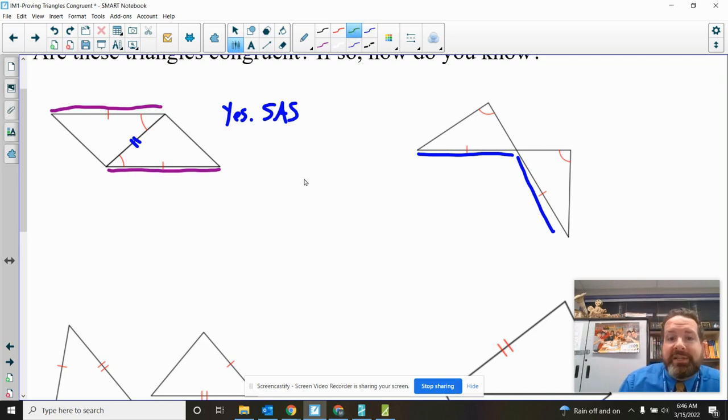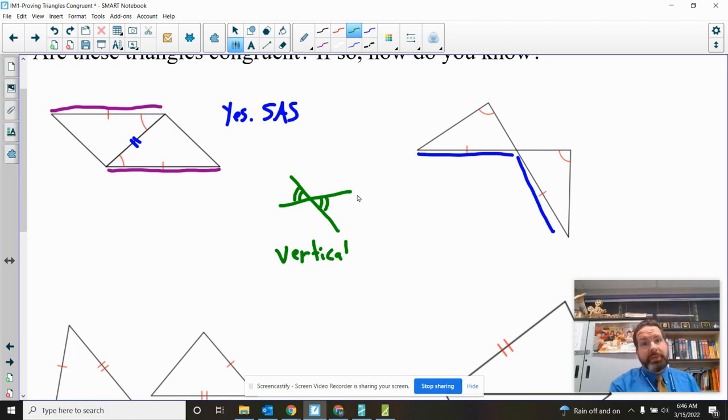Whenever you have two lines that cross each other, the angles that are directly opposite one another will always end up being the same. Those are called vertical angles. And vertical angles are congruent. So in this particular triangle, this angle is the same size as the angle directly across from it.